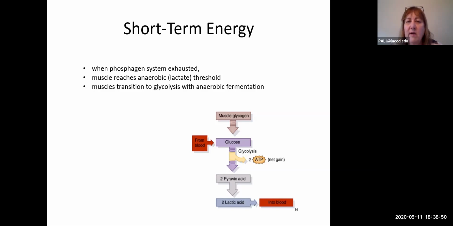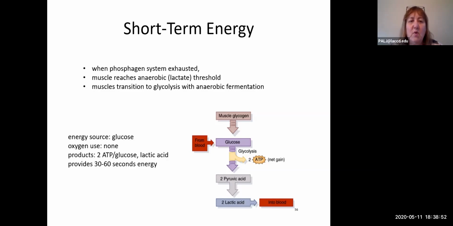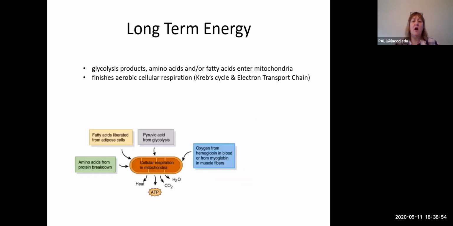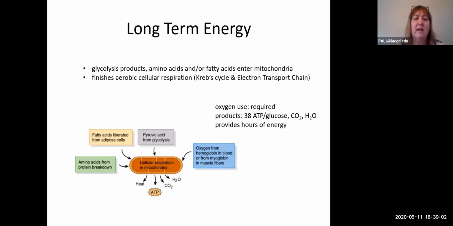Our only choice of energy at this point is going to use long-term energy, where we are going to be involving the mitochondria, Krebs cycle, oxidative phosphorylation. And in a perfect world, starting with the glucose molecule, ending up with 36 to 38 ATP. And this is the system that can provide us hours of energy.